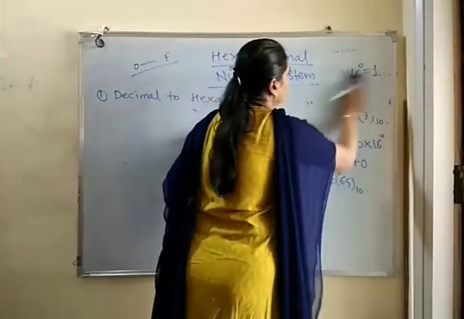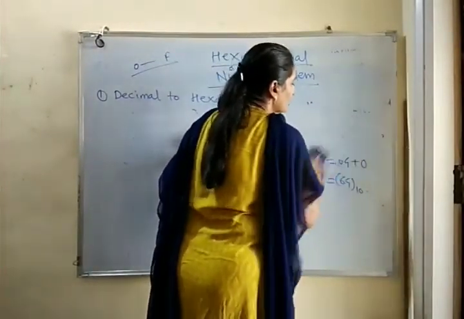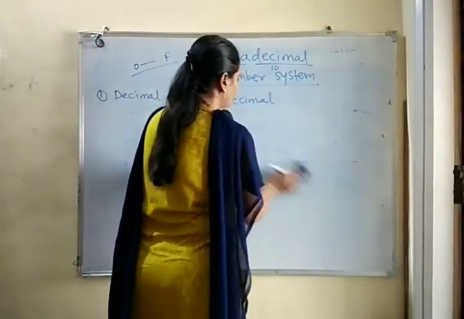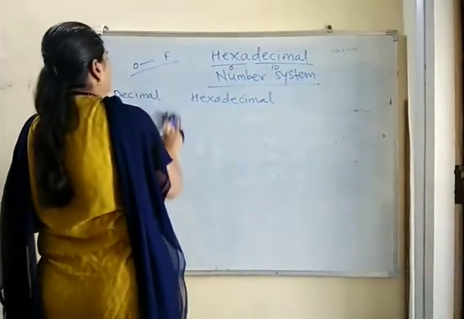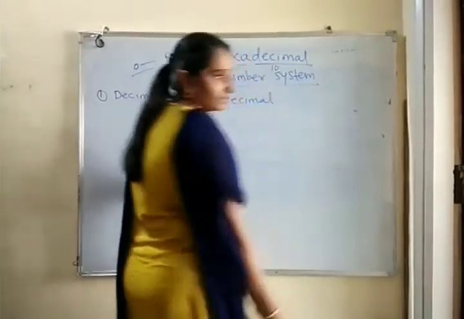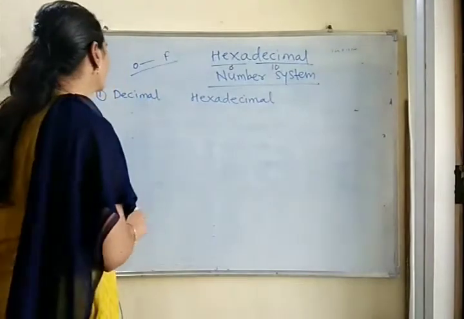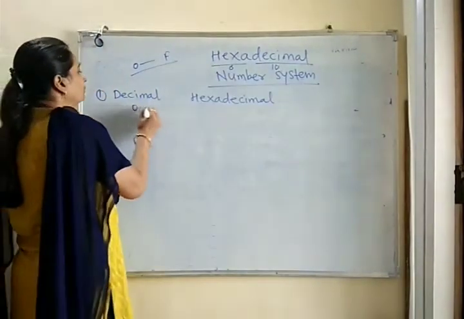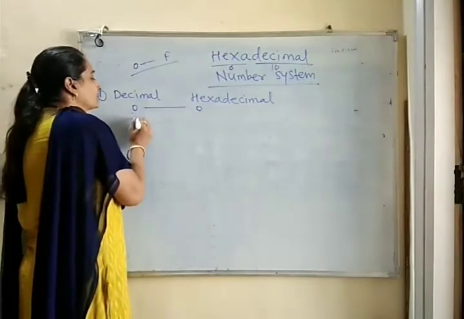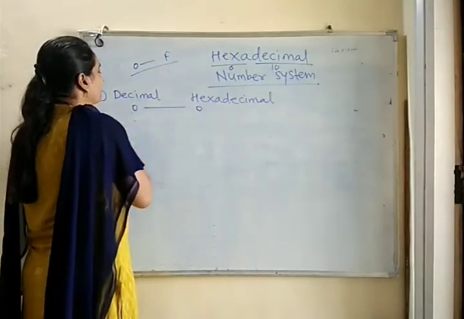Now here we are taking one table in which we are converting every decimal number into hexadecimal format without any division method. Okay, so directly how can you convert? 0 is represented in hexadecimal as 0, 1 is represented as 1.